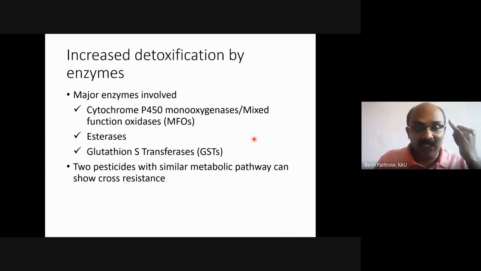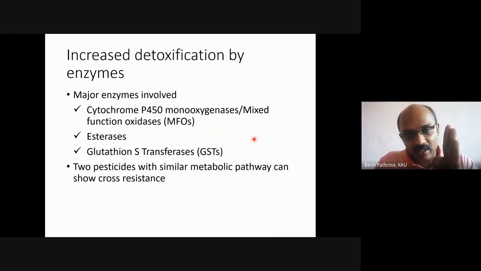It is also called mixed function oxidases, MFOs. It can be due to esterases or it can be due to glutathione transferases. These three enzymes: glutathione transferases, esterases, and cytochrome P450 monooxygenases.